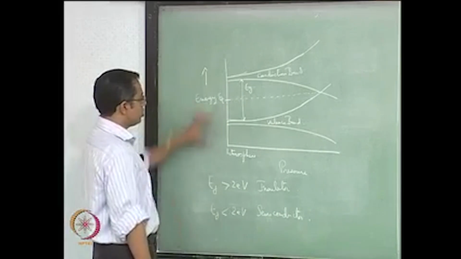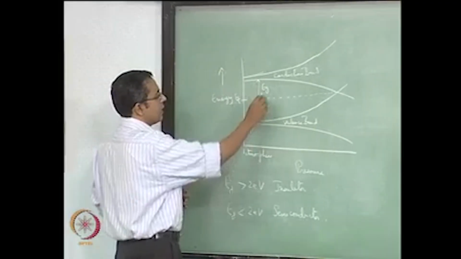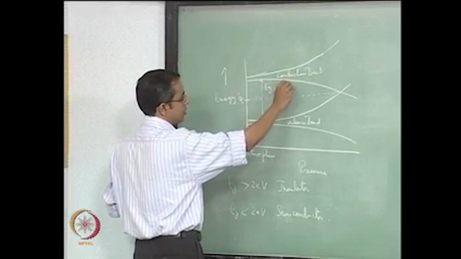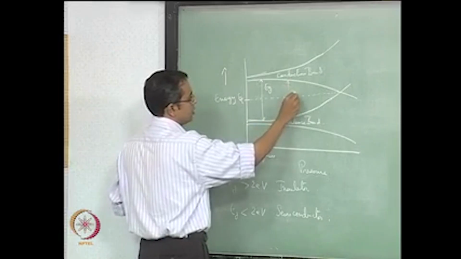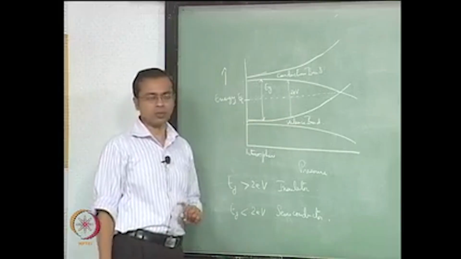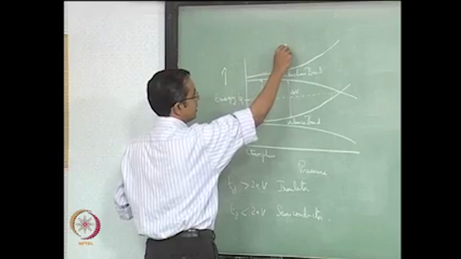So assuming we start with something that was an insulating material, up to some point, let us say that here the Eg becomes 2 electron volts. That is an arbitrary designation. So that is 2 electron volts. We can now consider three situations.